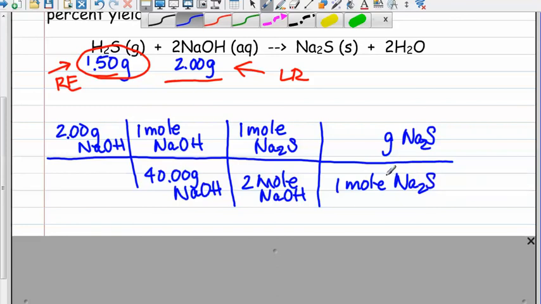And that molar mass would calculate out to 78.05 grams. As always, let's check and make sure our units canceled out. Make sure that we set this up properly.